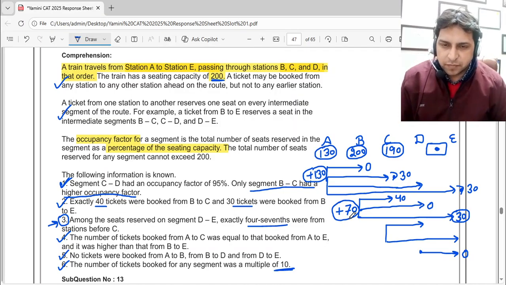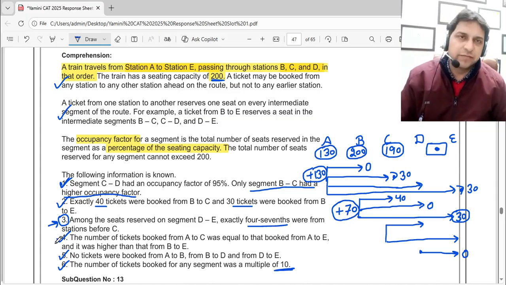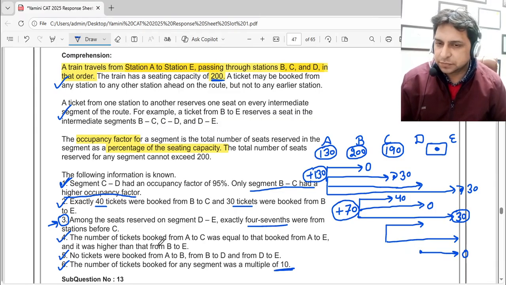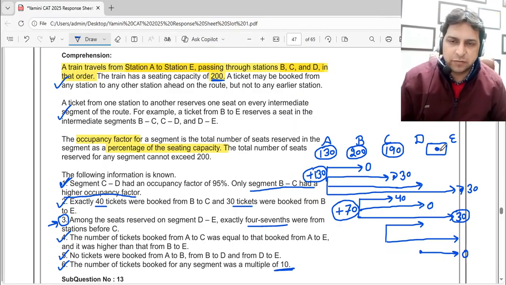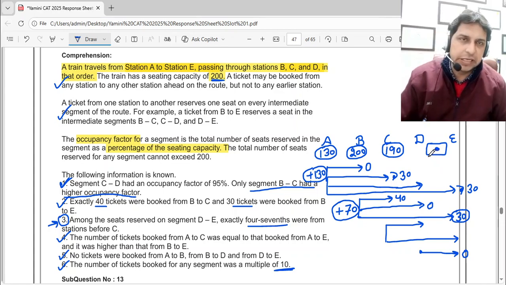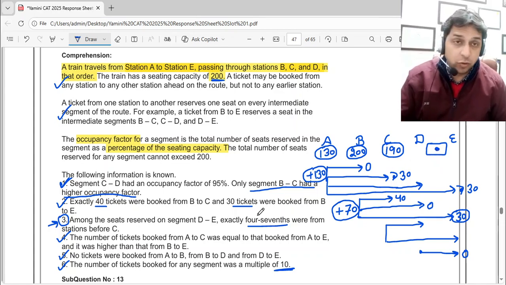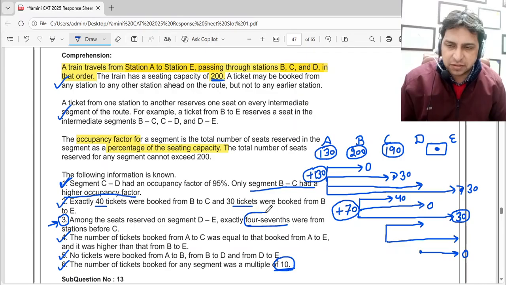Now let's use information number 3. Among the seats reserved on segment D to E, which we have not written yet because we don't know that, exactly 4/7. Now we know the numbers are multiples of 10 and 4/7.